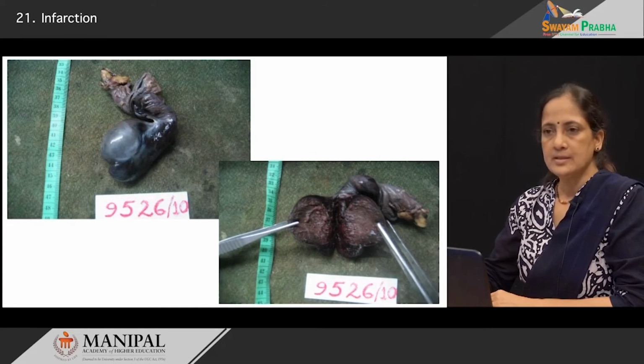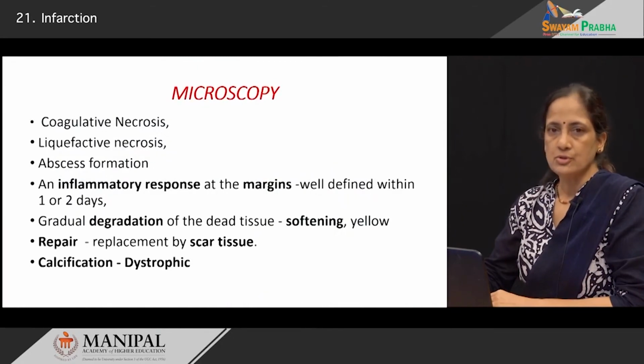When we look at these tissues microscopically, in most ischemic infarctions, the tissue shows coagulative necrosis. When there is a septic infarction or in brain tissue, it is liquefactive necrosis that is seen on microscopy.